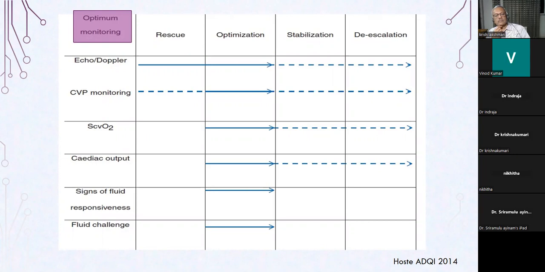Saturation of central venous oxygen is monitored in optimization and the later stages, whereas cardiac output is also considered from optimization. Signs of fluid responsiveness are seen in optimization. Fluid challenge is also considered in the optimization phase.